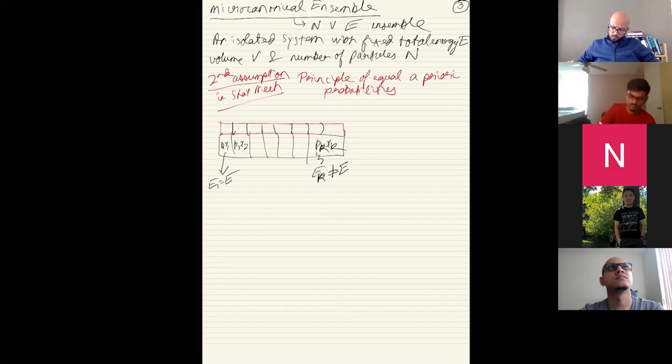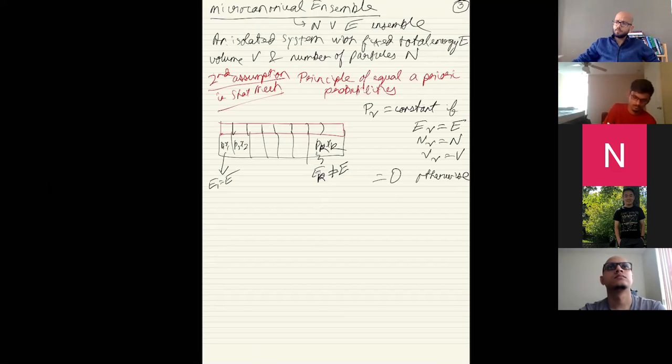So what this equal a priori principle tells us is that P nu is equal to a constant if E nu is equal to E, N nu is equal to N, V nu is equal to V, and 0 if any of them is not true.